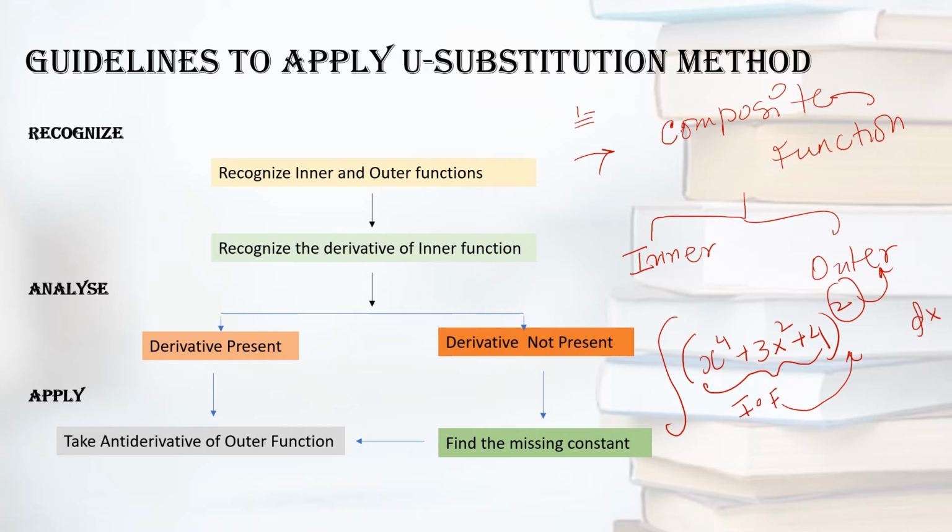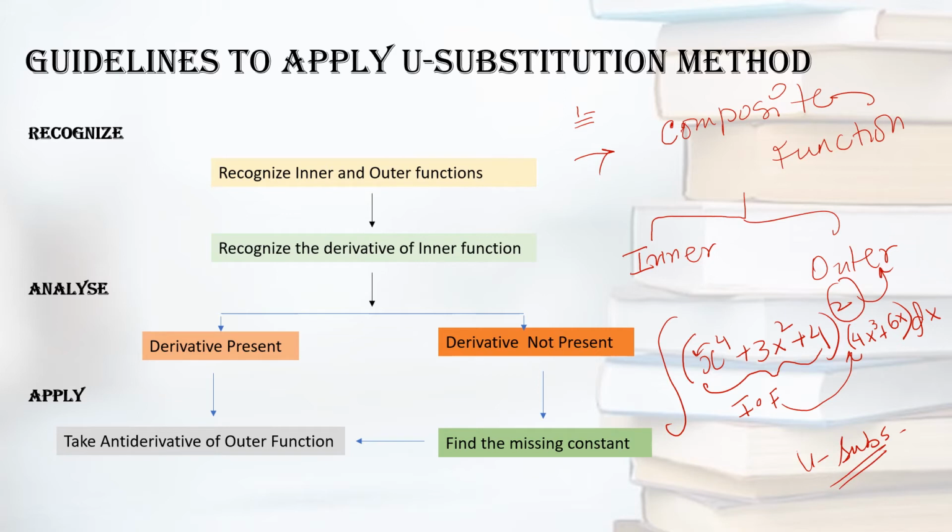For example, here the inner function is x to the power 4 plus 3x squared plus 4. In this case, the derivative of the inner function is 4x cubed plus 6x. So if this derivative is written beside the function within the integral sign, then you can use the u-substitution method.